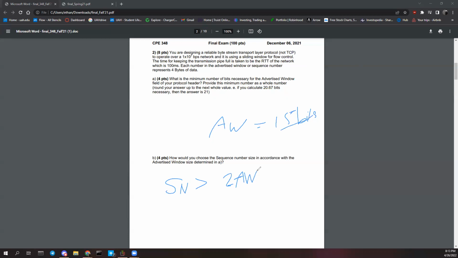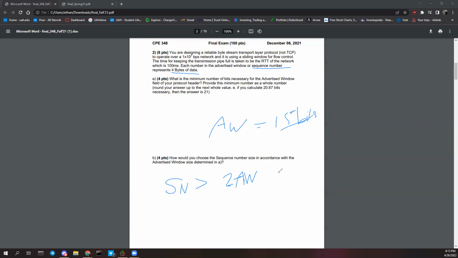This is 2 times the advertised window number. And the reasoning we do it this way, let's see. To the network, each number in the advertised window or sequence number represents 4 bytes of data. So the sequence number just has to be double the advertised window. I don't exactly remember why, but that's how he's running it. So in that case, that means we do the digit value of AW and then multiply it by 2.